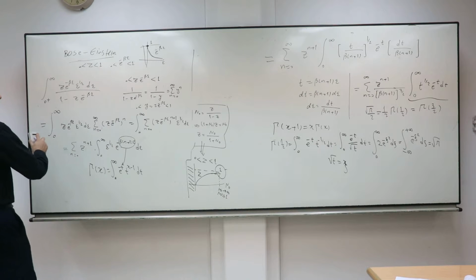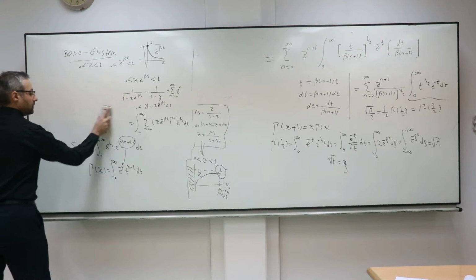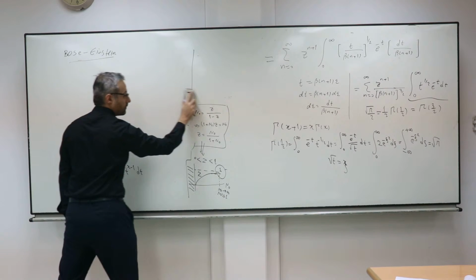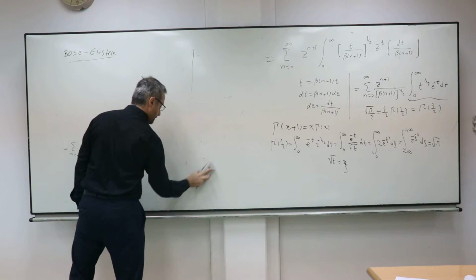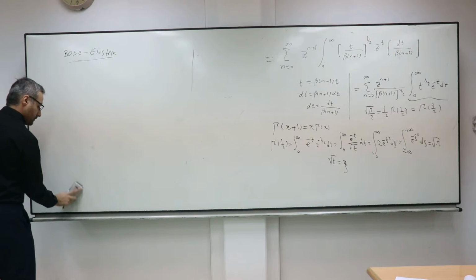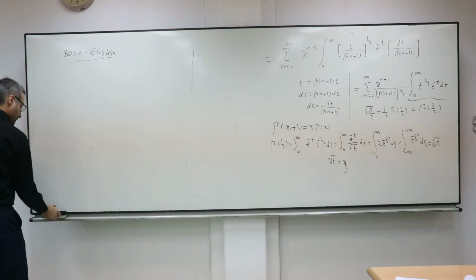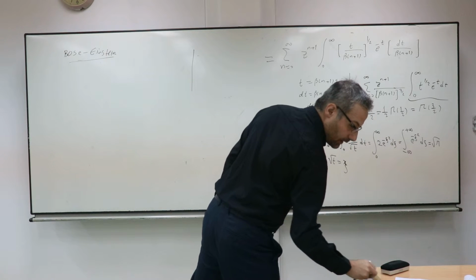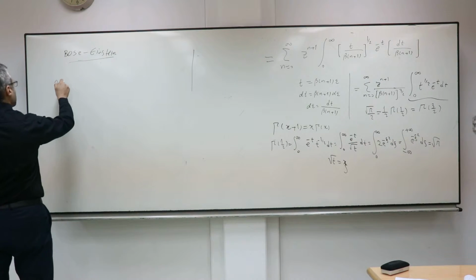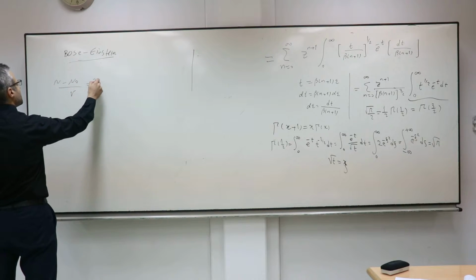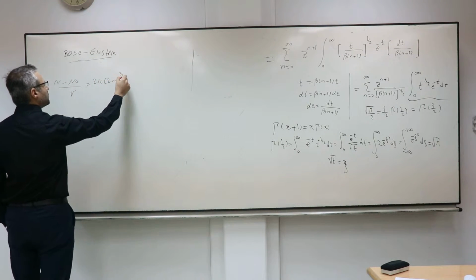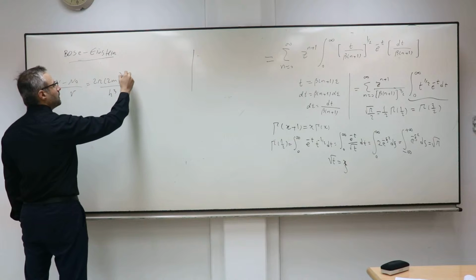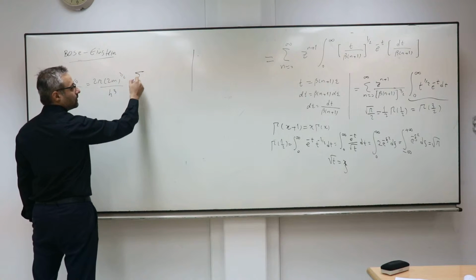So now I can write the expression for the n. So finally n is n0 plus, because this coefficient, I forget what it was. The coefficient was 2 pi 2m to the 3 over 2 over h cubic, yes, times this integral.